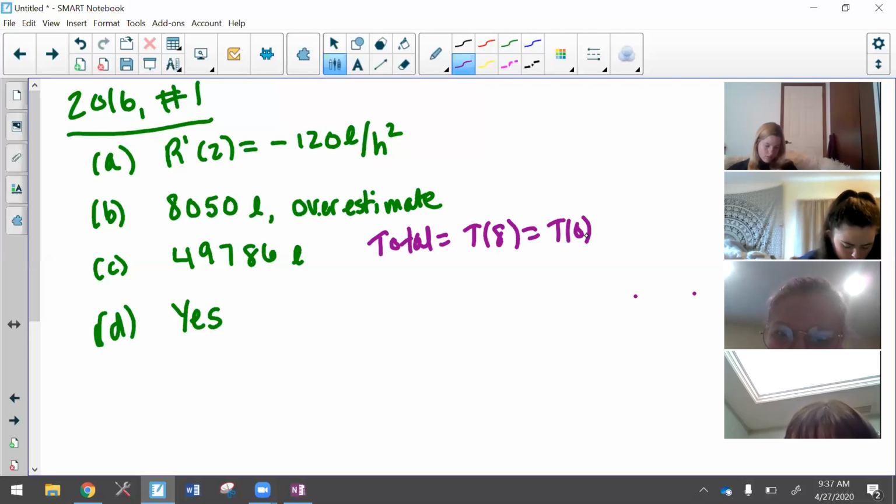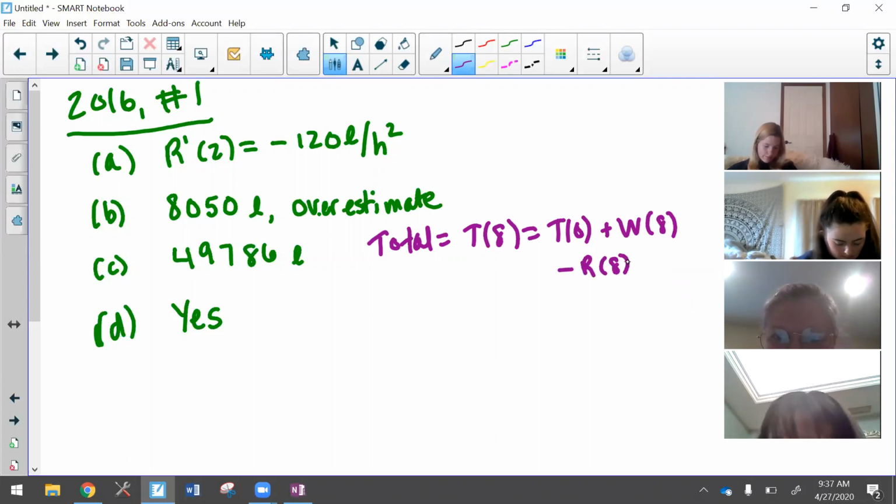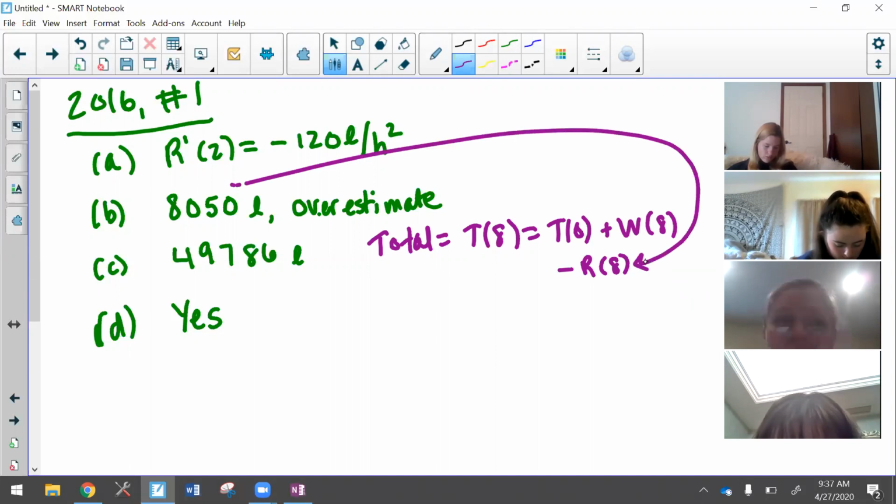And we talked about this a couple different times with different problems: don't forget that there may be an initial value, plus W of 8, the amount of water that's pumped in, minus the rate at which the water is removed, and you're supposed to use your estimate for part B for R of 8.